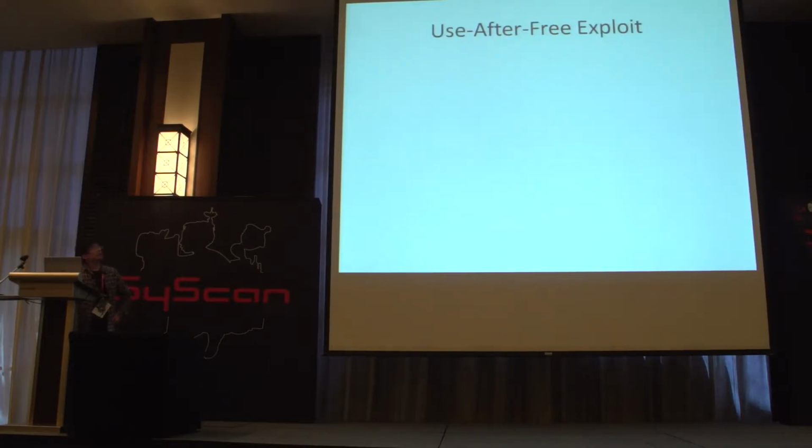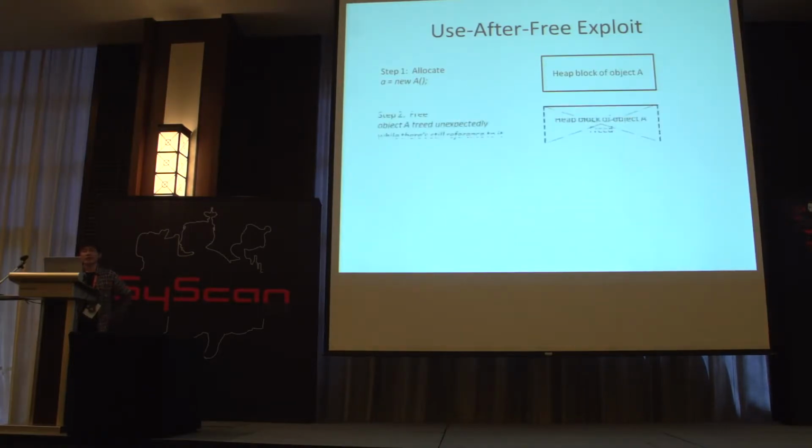This is a typical IE use-after-free exploit. Basically, it consists of 4 steps. First, an object, the UAF object, will be allocated on the heap. Second, because of the bug, the object will be freed unexpectedly, while there is still some reference to this object.